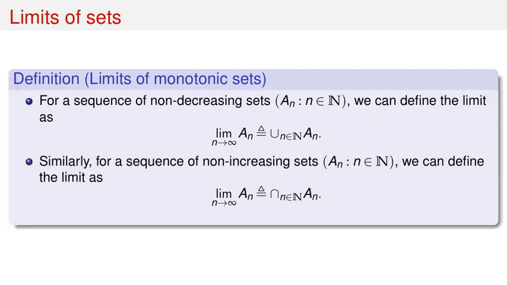Similarly, for a sequence of non-increasing sets A_n, meaning A_n contains A_{n+1} for all n, we define the limit as n approaches infinity of A_n as the intersection over n in the naturals of A_n.